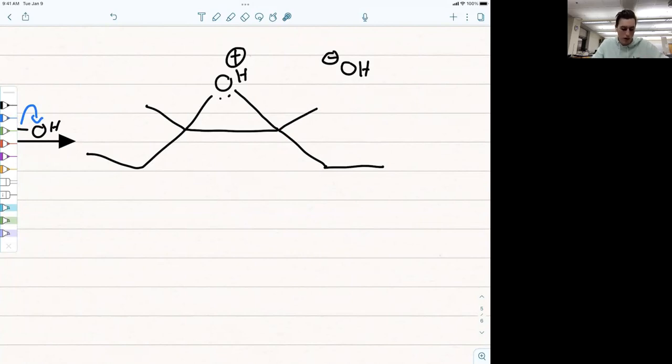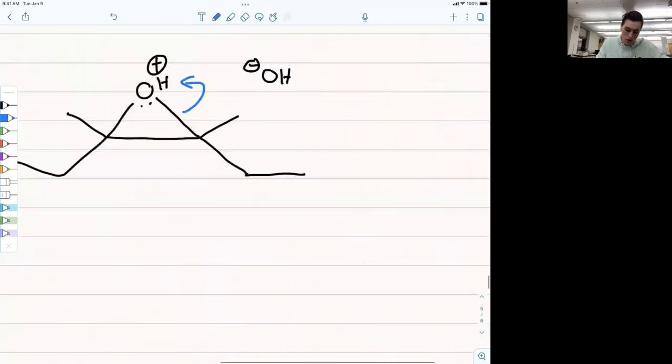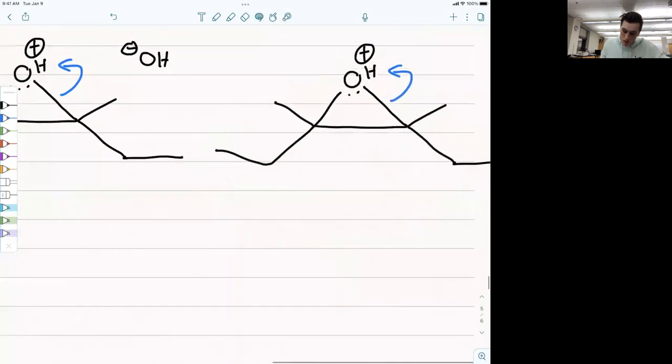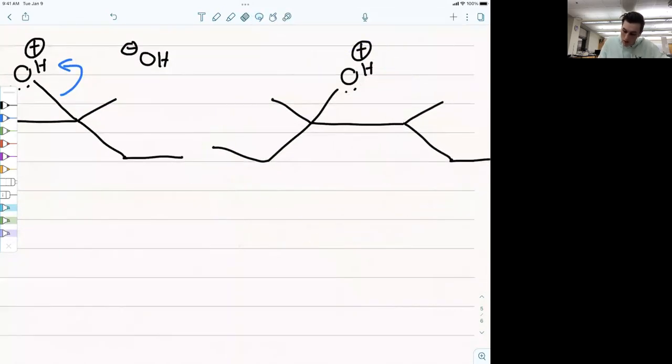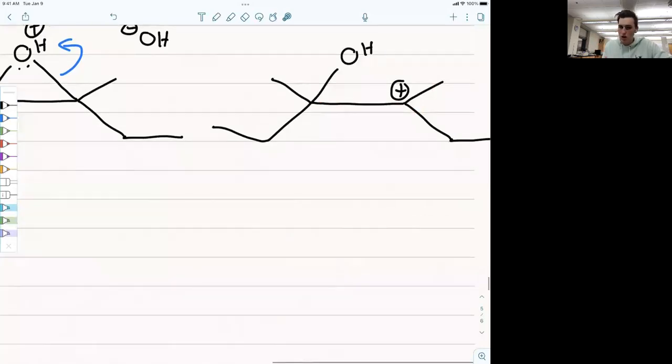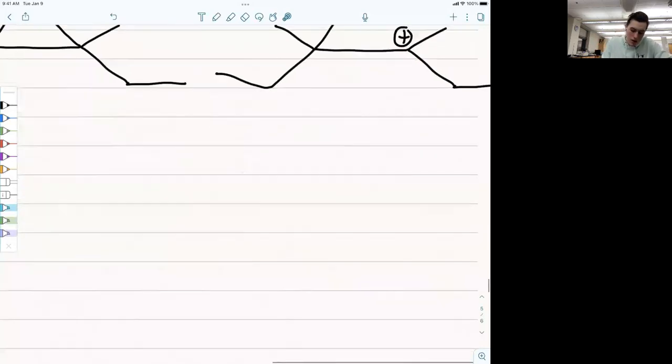So what I'm going to do is break this bond, making this. And now my oxygen is stable here, but I have a carbocation here. Now I'm just going to check for rearrangement real quick. This is tertiary. You can't get better than tertiary, and I'm not going to make a ring here.